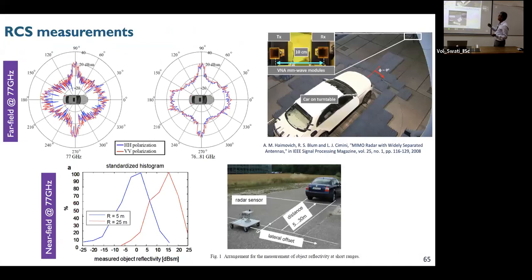I was mentioning in the previous slide about stealth targets, but even for simple targets like a car, if you put it on a turntable and look at its scattering, there are a few parameters. In certain directions you get a lot of scattering, and in other directions you get minimal scattering.